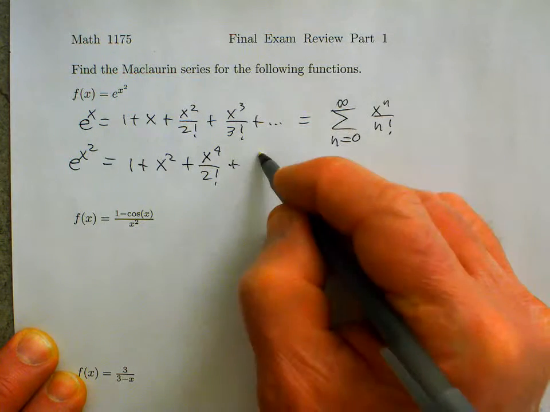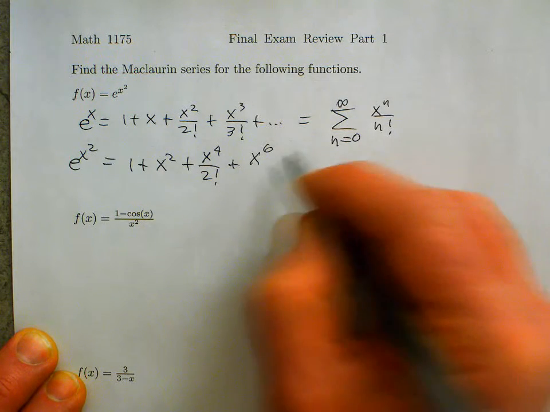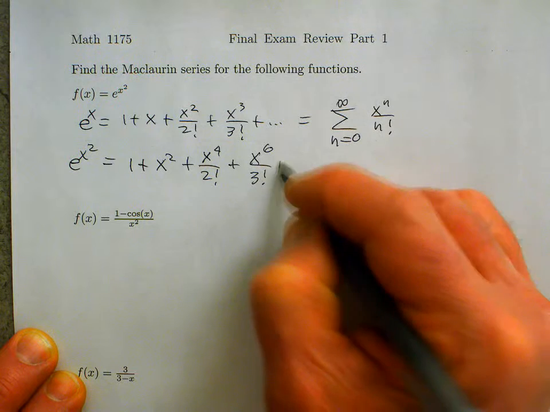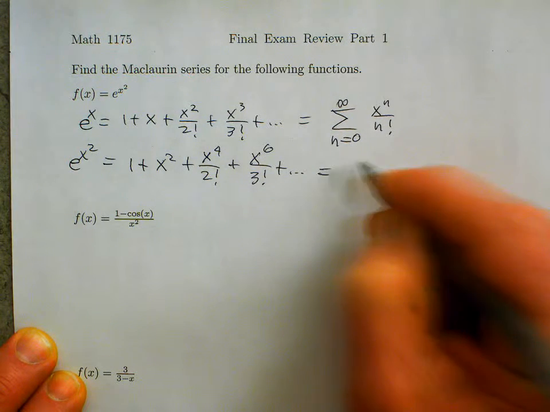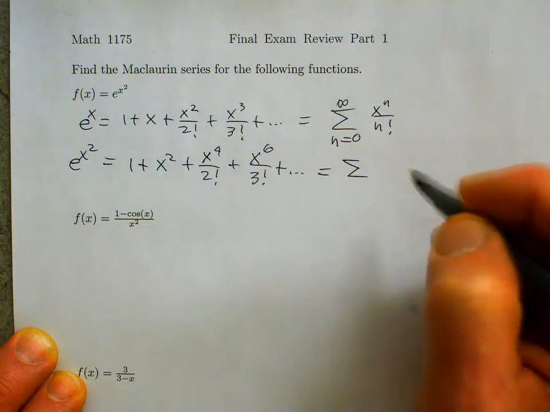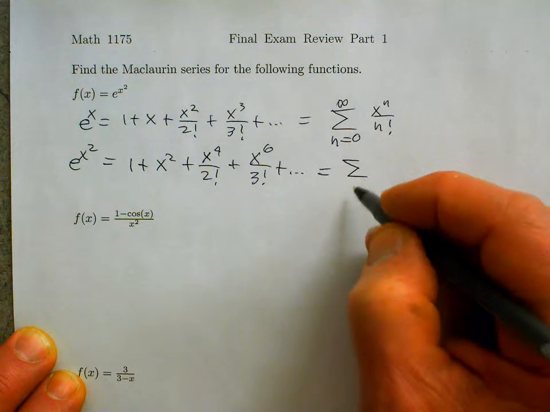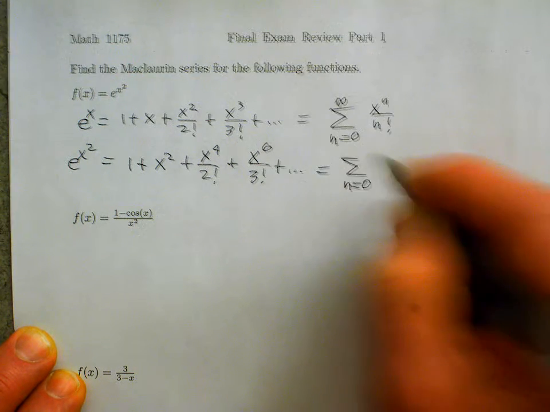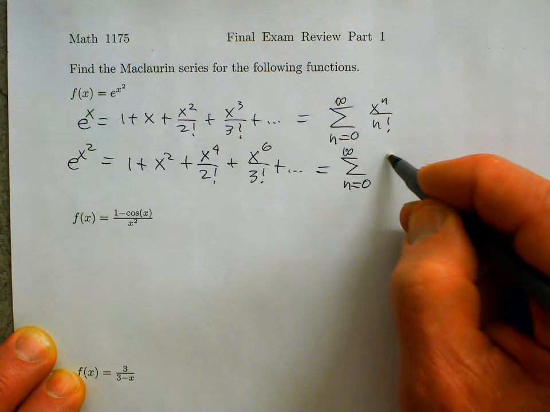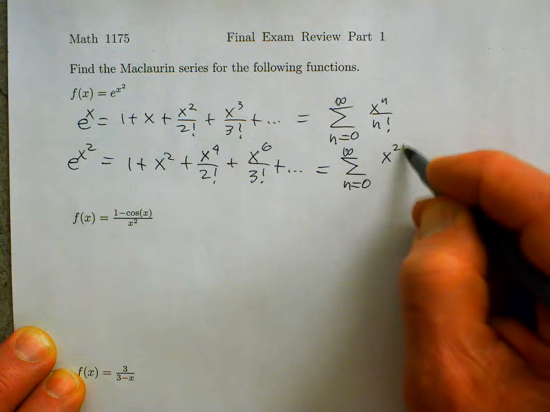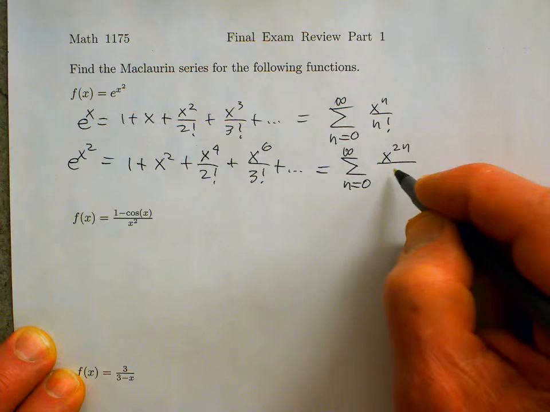And then the next one, x to the sixth over 3 factorial, and so on. So in sigma notation, we get x to the 2n over n factorial.